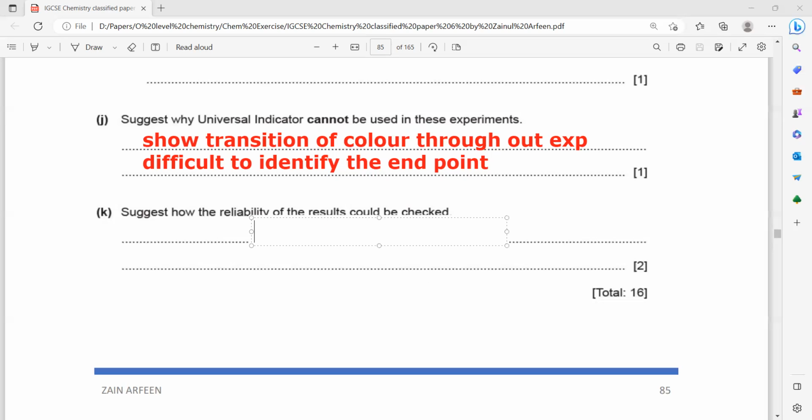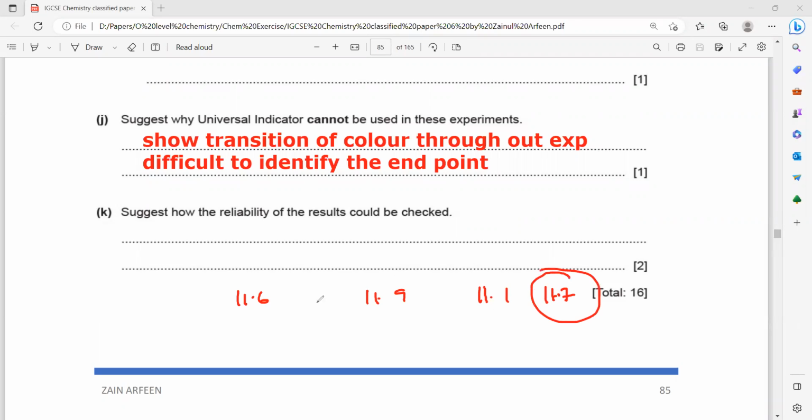For example, you're carrying out a titration. You did the first experiment and got 11.6. You did the second experiment and got 11.9. You did the third experiment and got 11.1. So I have to repeat. Why do I have to repeat? Until I have concordant results, where two results have a 0.2 difference between them. For example, I get 11.6 and 11.7.